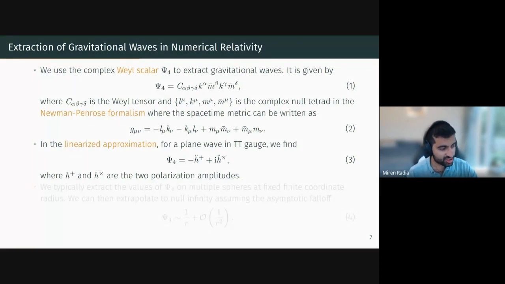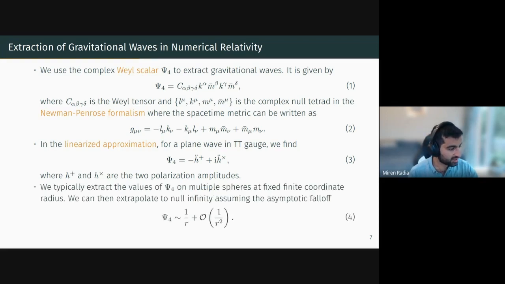You can show in the linearized approximation for a plane wave in this gauge that psi4 is roughly 2 time derivatives of the strain h plus, with the imaginary part being the cross polarization, like that.